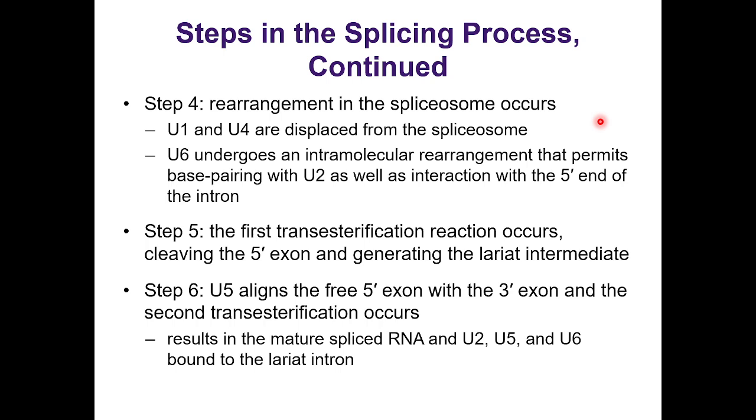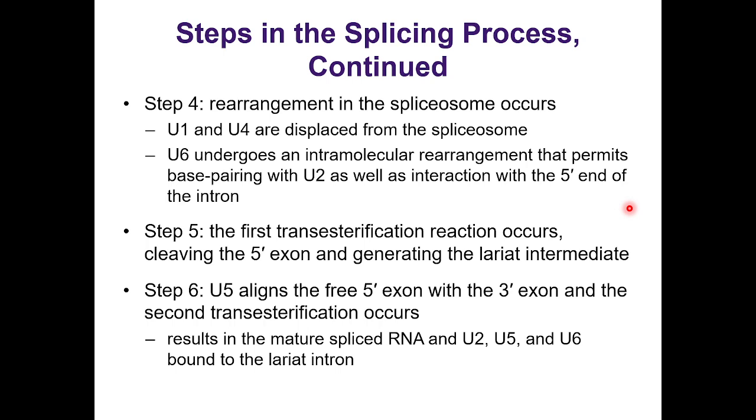Those are now gone. This is going to allow those 2 groups to come together in the U6, and now it's unmasked so it can do its catalytic activity. And that involves a rearrangement, right? Which, not surprising, probably.